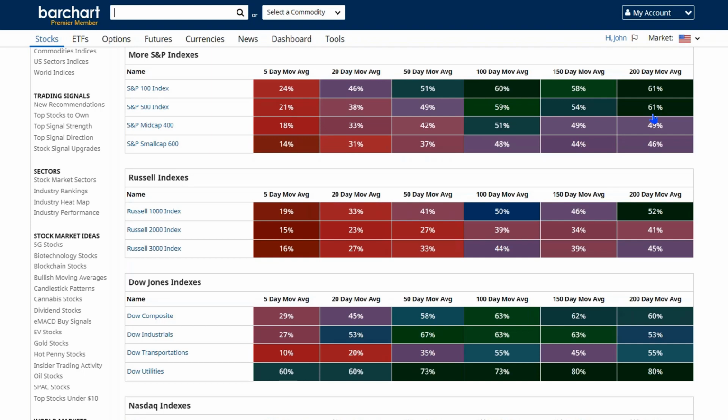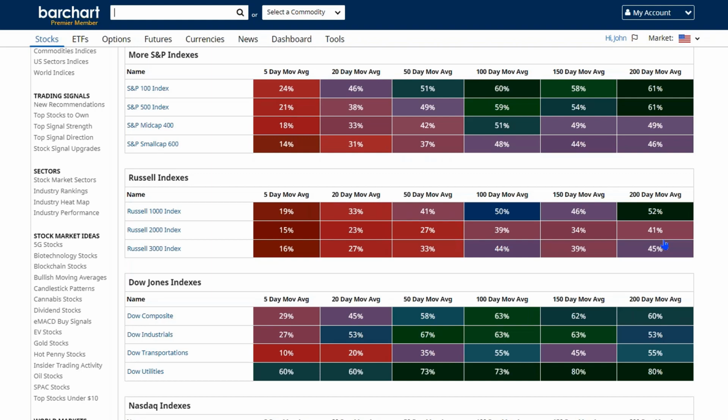So the momentum at this moment is telling us that the S&P is starting to slow down and that more stocks are starting to turn downward than turn upward. Again, this could just be a correction phase, but it could also be the beginning of our bear market. If we look at the Russell, we see a different story. 40% are above the 200-day moving average, which means 60% are below.